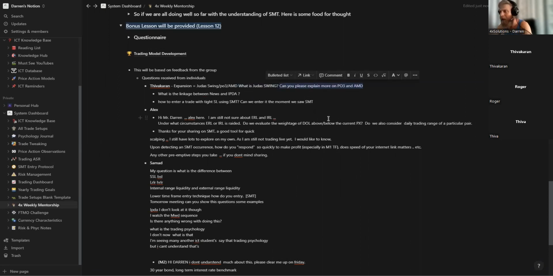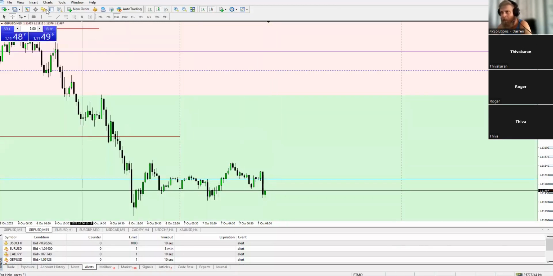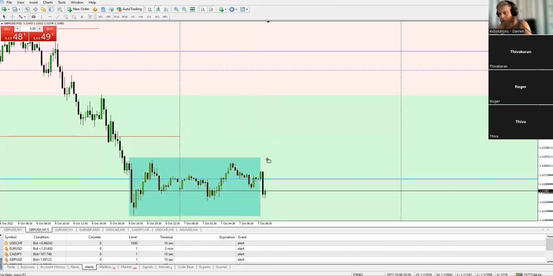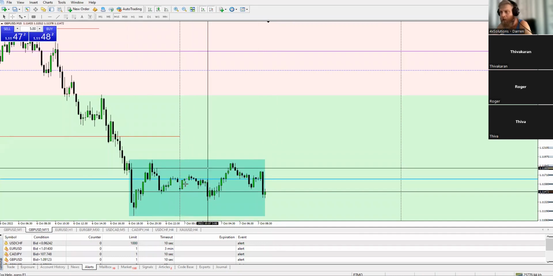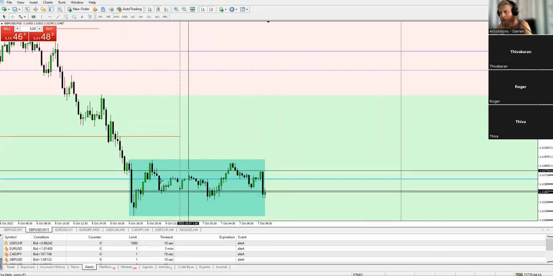It really just comes down to you looking for it in the marketplace, and you can see it pretty much every day, especially on a lower time frame. So like now, here's a consolidation. It's about 45 minutes away from London, so price is consolidating over here.